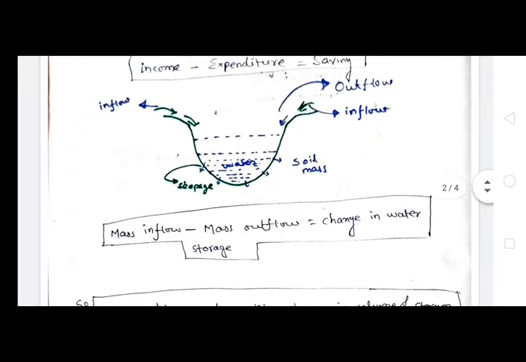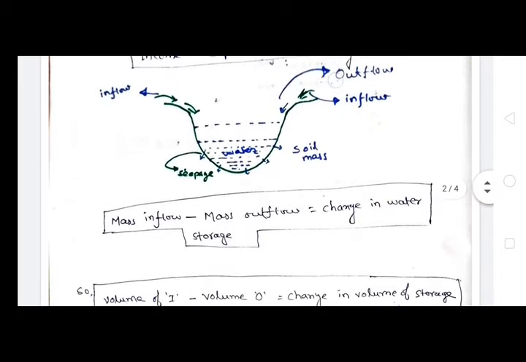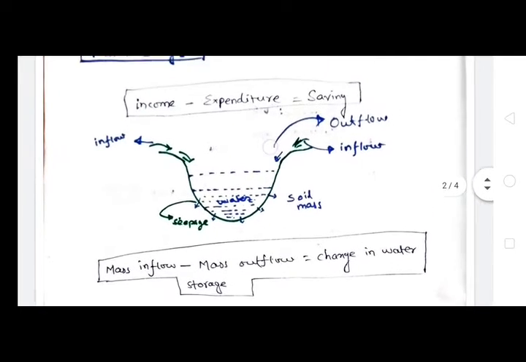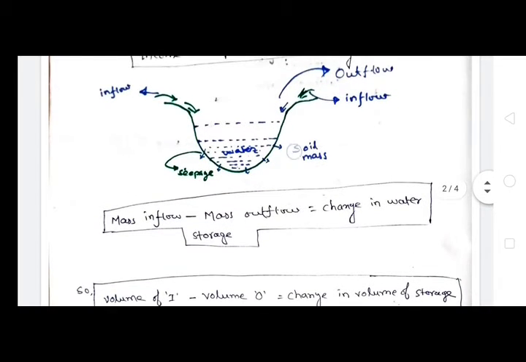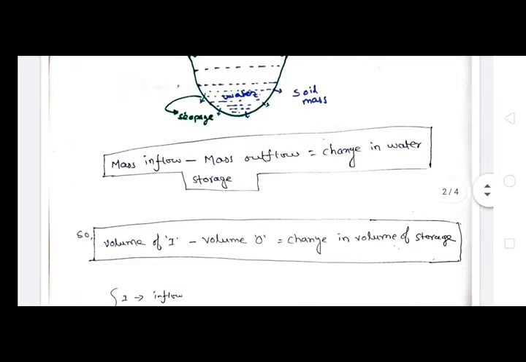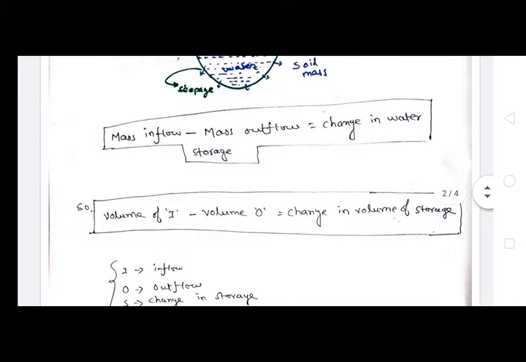In relation with this, we can have our water budget equation. As you can see from this diagram, there is an outflow, there is an inflow, and there is a seepage that is lost. So mass inflow minus mass outflow is equal to change in water storage.